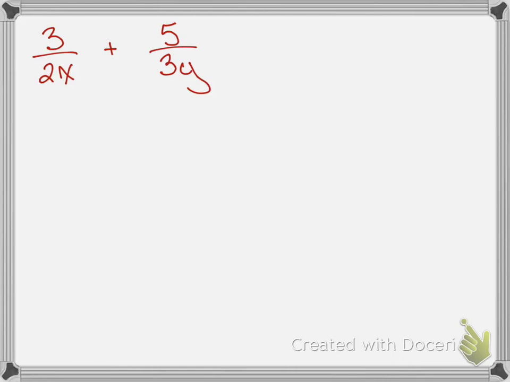Okay, these happen to both be prime. So 2 doesn't break down and 3 doesn't break down. So my LCD has to have a 2 and it has to have a 3. They've got to be covered. So I've got a 2 and I've got a 3. But now I've got to accommodate for the x and the y also. So I'm going to have an x and I'm going to have a y.